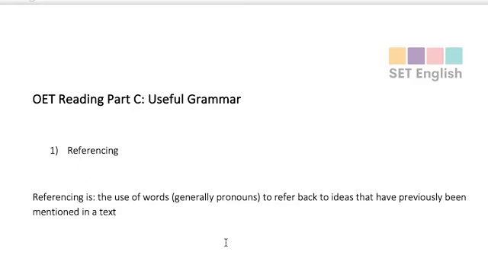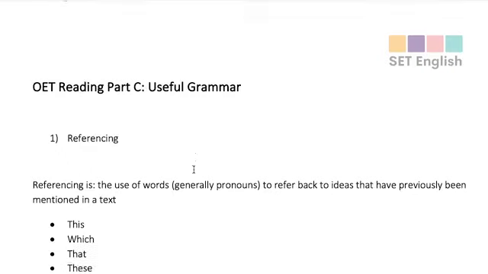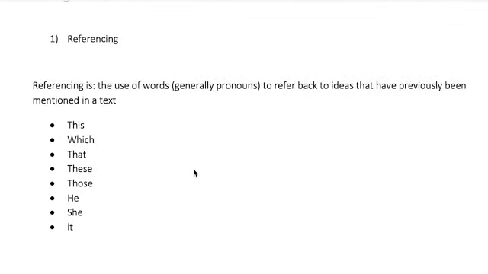So we could be using words such as this, or which, or that, or these, or those. Little words like that. Then you've got very simple ones, he, she, it. All of these are pronouns that are used to refer to other things.